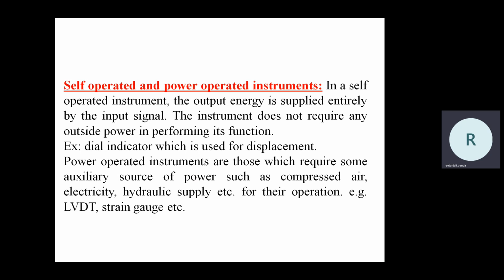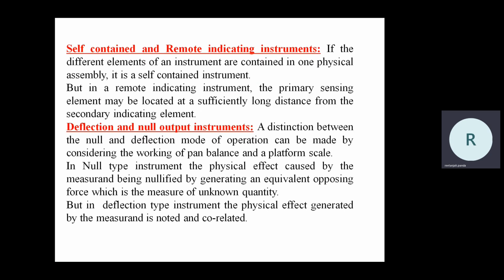Then comes self-contained and remote indicating instruments. Self-contained means what? For example, a Bourdon tube pressure gauge. In that one, the instrument is there and the indicator is also there. You are giving the pressure, the Bourdon tube is getting straightened, and the indicator shows on the dial. That is all contained in one kit or one instrument itself.